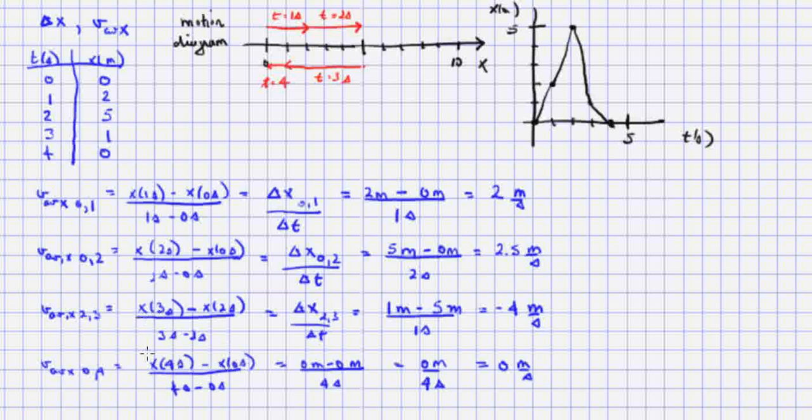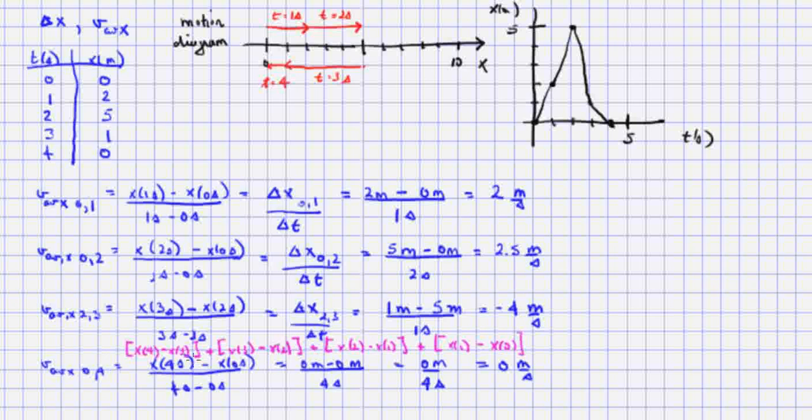We can write it as x of 4 minus x of 3 plus x of 3 minus x of 2 plus x of 2 minus x of 1 plus x of 1 minus x of 0.